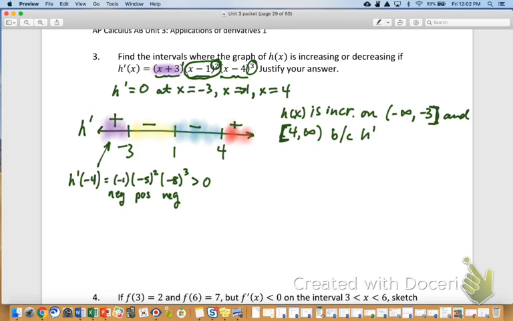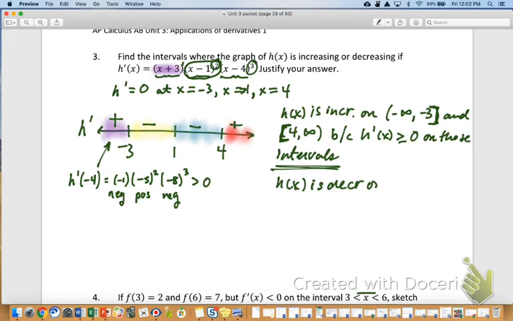Because h prime is positive, or at least non-negative, on those intervals. And then, in addition to that, I can say that h of x is decreasing on the interval from -3 to 4 because h prime of x is less than or equal to 0 on that same interval.